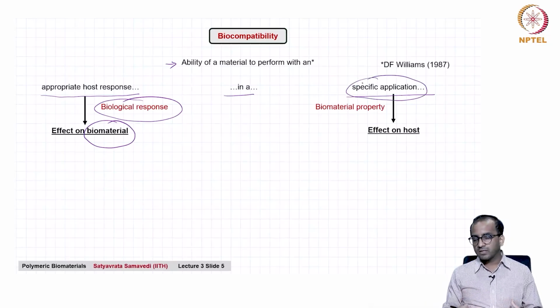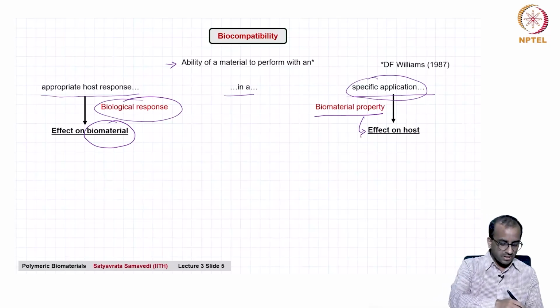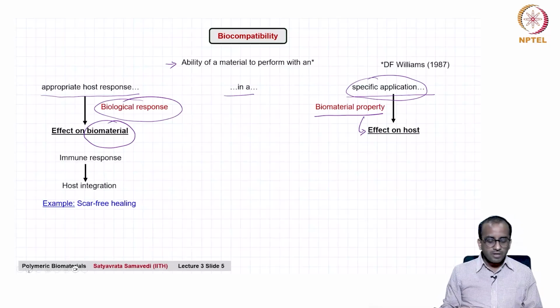Obviously, you are putting this biomaterial into the host with a specific goal in mind, to achieve an end for some kind of functionality, for example. And that biomaterial property will dictate what kind of an effect it has on the host. This is the biomaterial perspective which we saw on the previous slide.